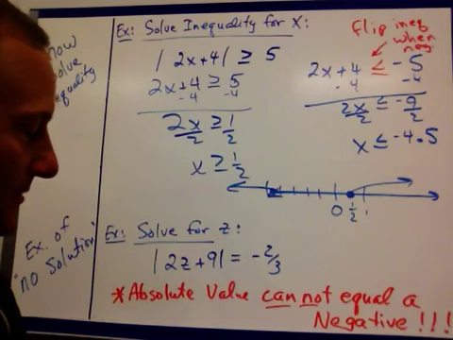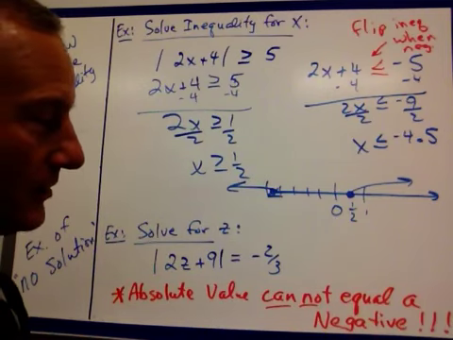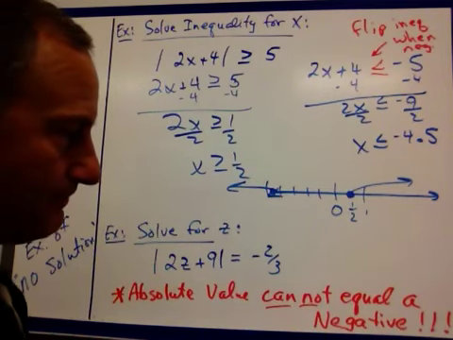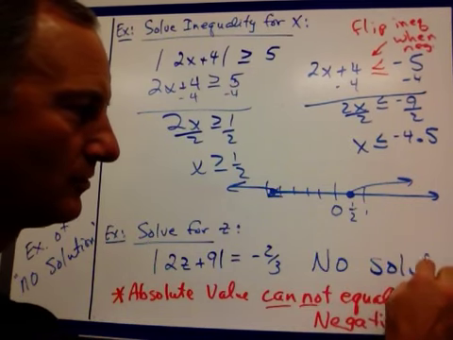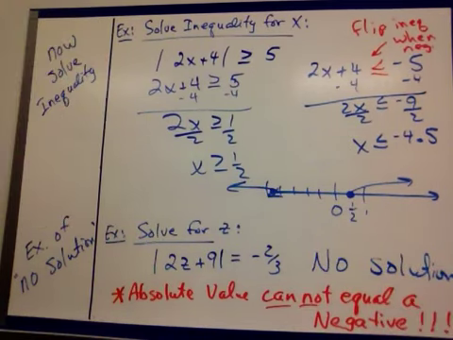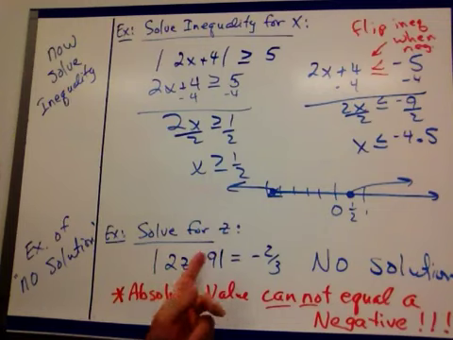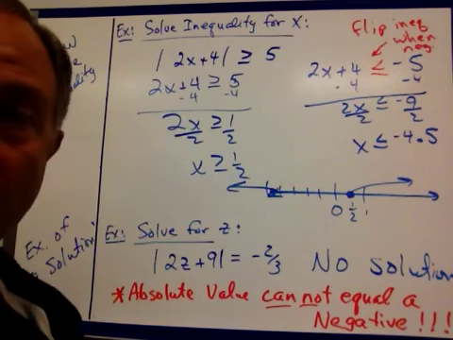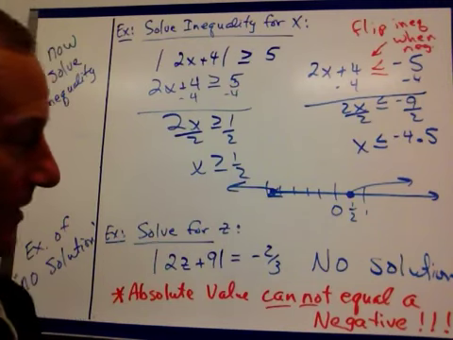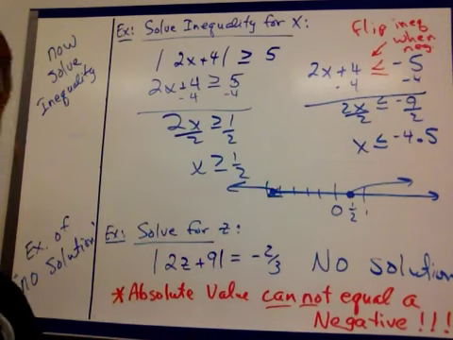So if you get something like this, the absolute value cannot equal a negative. So what's your answer here? No solution. So anytime you isolate the absolute value and you've got it equal to a negative, the answer is no solution, because there is no number you can plug in for x and then take the absolute value and get a negative.